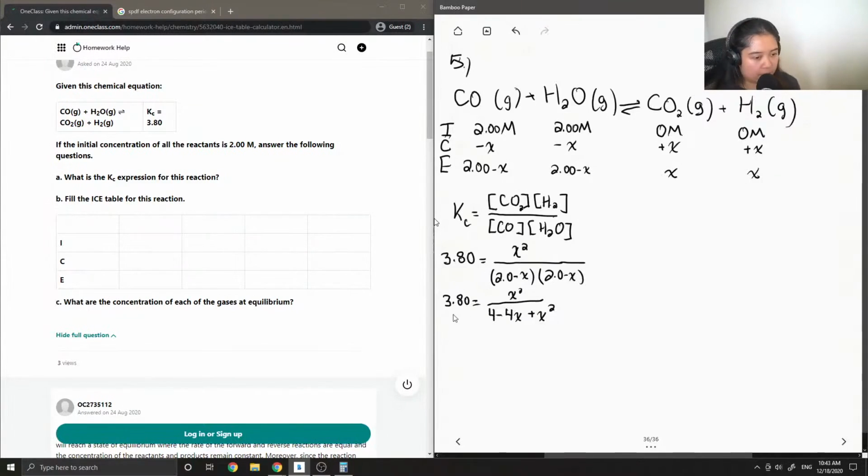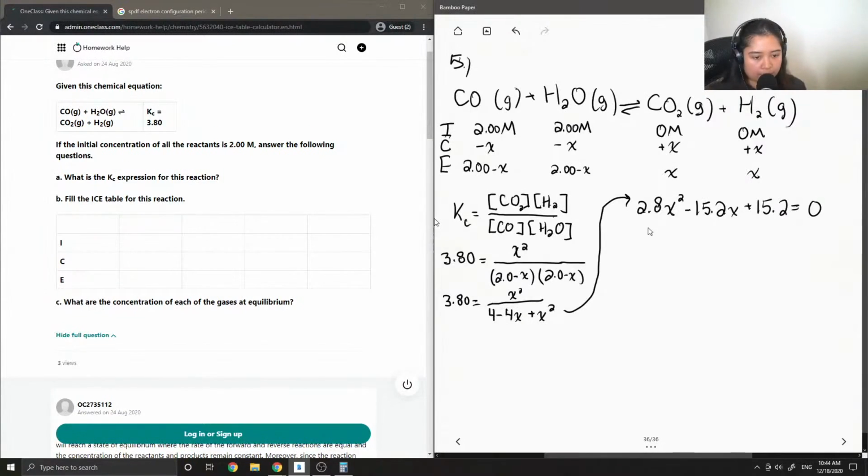And then simplifying this some more, you should end up with 2.8x squared minus 15.2x plus 15.2 is equal to 0.